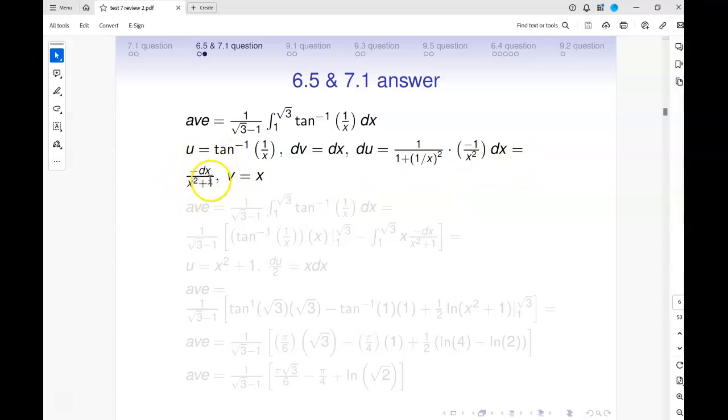But that simplifies nicely to just negative 1 over x squared plus 1 dx. And the integral of dv is just x, so that's nice. There's no other part, right, there's not a product there. Yeah. So your dx has to be your dv. That's the only thing you can integrate.